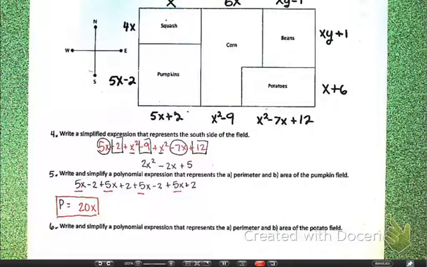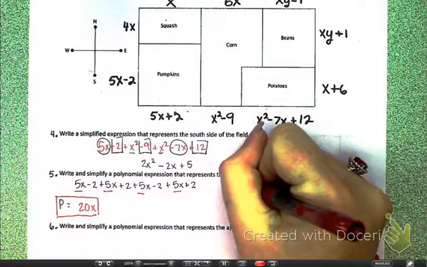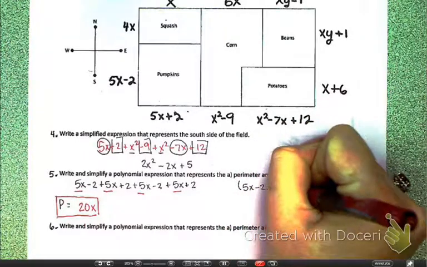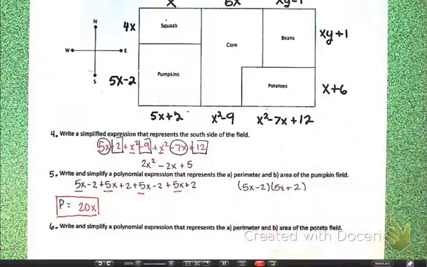How would I find the area of the pumpkin field? So you're going to multiply the length times the width of the pumpkin field, right? If that was a 5 and a 3, you would multiply 5 times 3. So you're going to do the same thing, except I have a 5x minus 2 and a 5x plus 2. And how do you multiply those two binomials?